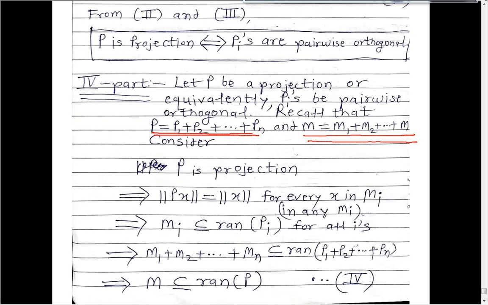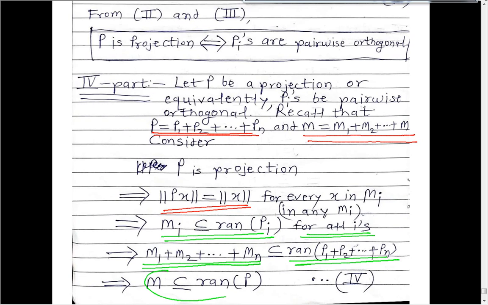Consider the fact that if P is a projection, then we will have norm Px equal to norm x for every x in Mi. So Mi is going to be a subset of range of Pi for all i. This implies that the sum of M1, M2, ..., Mn is a subset of the range of P. So M is a subset of range of P.